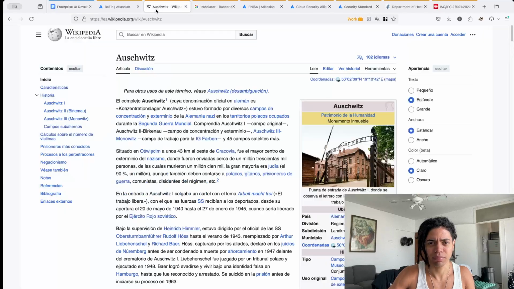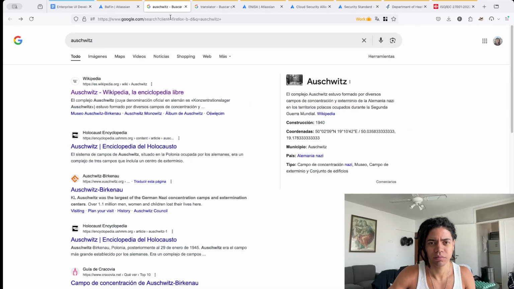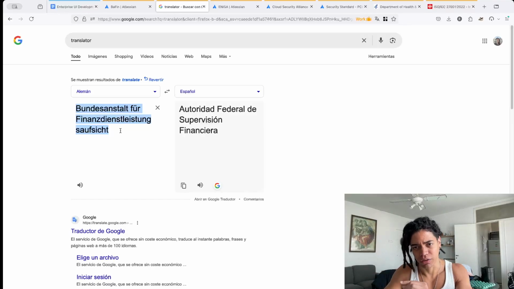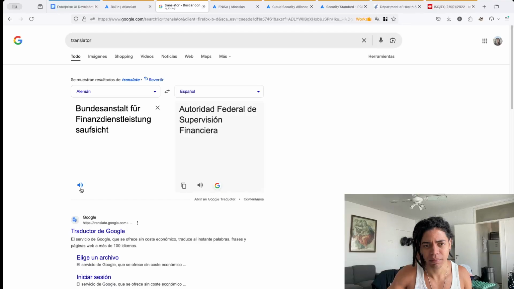Bundesanstalt für Finanzdienstleistungsaufsicht. Bundesanstalt, exactly. Interesting. Bundesanstalt für Finanzdienstleistungsaufsicht.